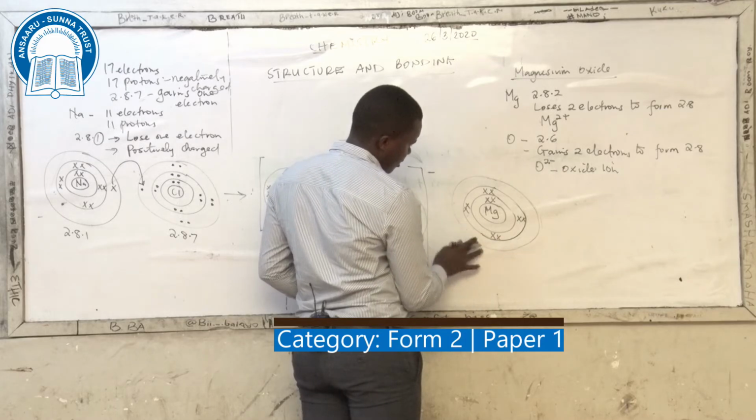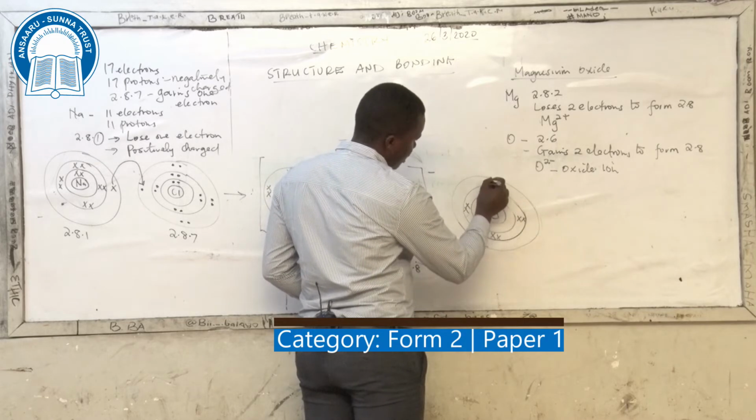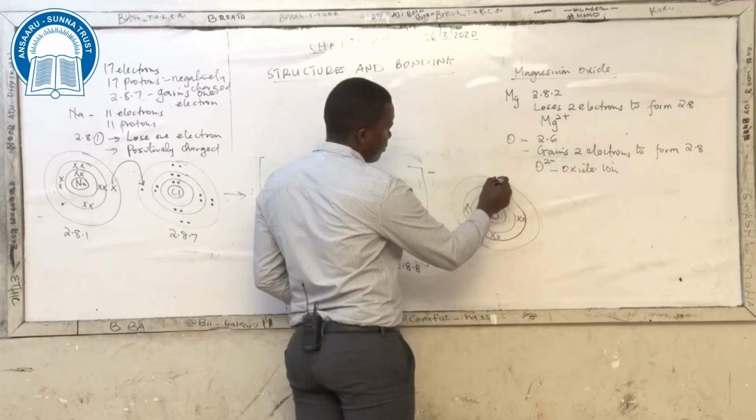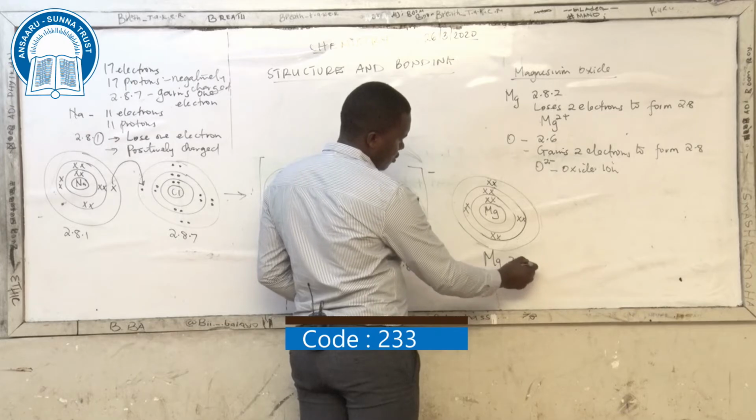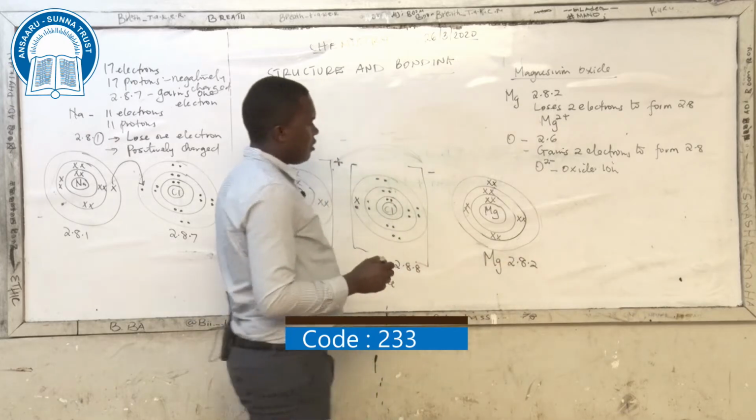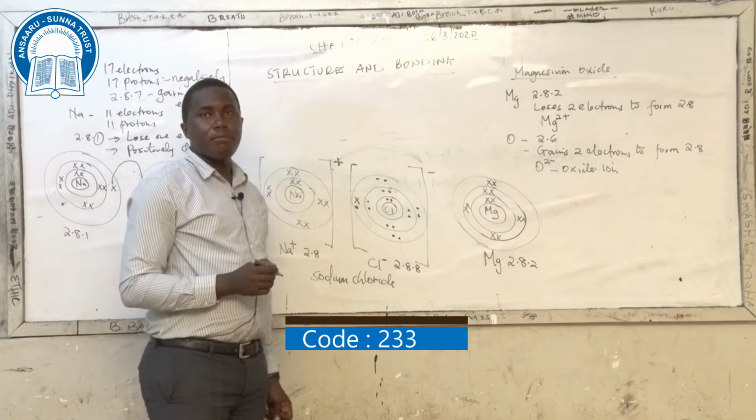Then you have the last 2 electrons somewhere there. So this one is 2,8,2. That's the electron arrangement of the magnesium atom.